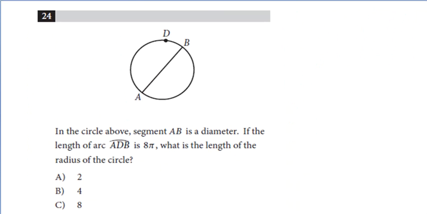So let's look at the next problem. In the circle above, the segment AB is the diameter. If the length of ADB is 8 pi, so this is the diameter. What is ADB?